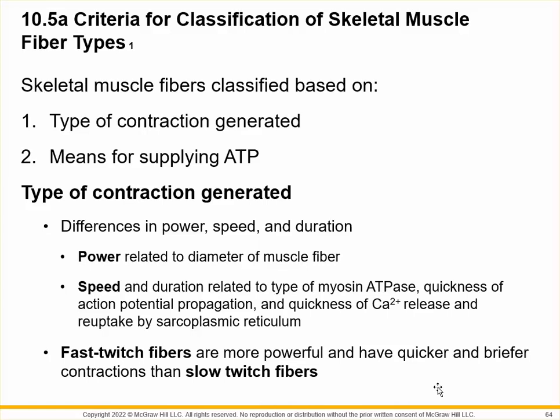And basically, that means that the ones that can do it quickly, we call fast twitch fibers, and the ones that do it slowly are called slow twitch fibers. Fast twitch fibers contract very quickly and for a briefer amount of time. Slow twitch contracts slowly for a longer period of time.